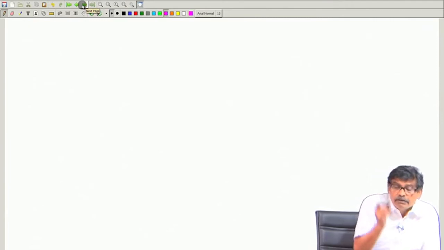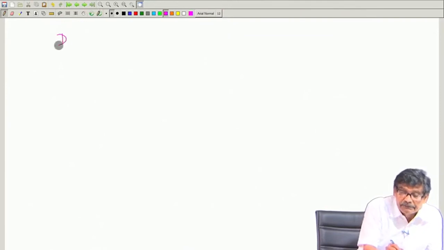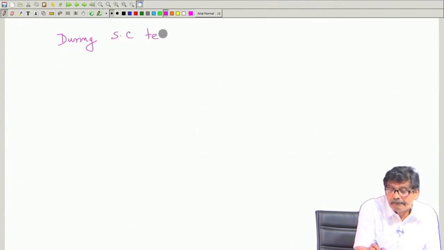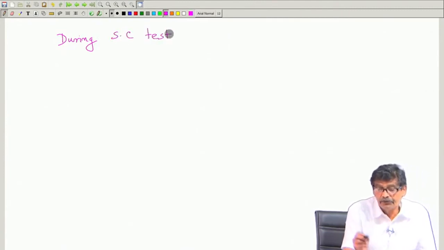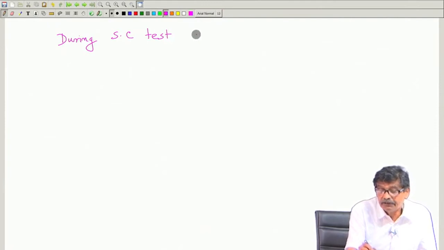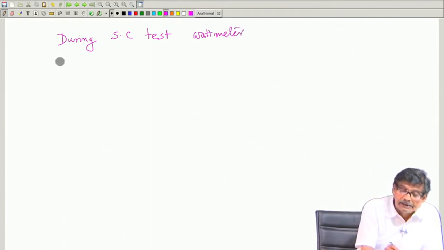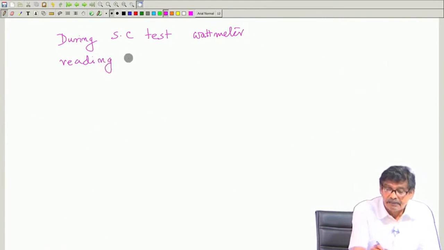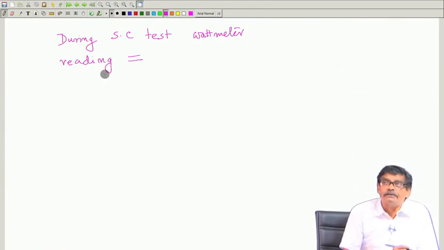For example, during short circuit test, we have noted that wattmeter reading, what it was reading?